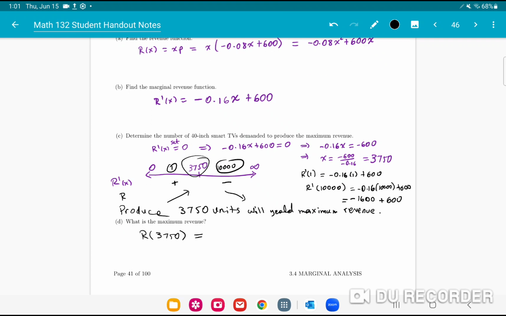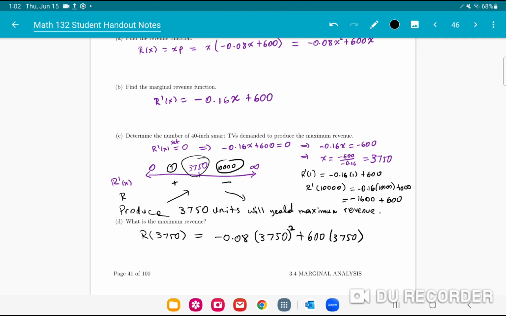So I have negative 0.08 times 3,750 squared plus 600 times 3,750.